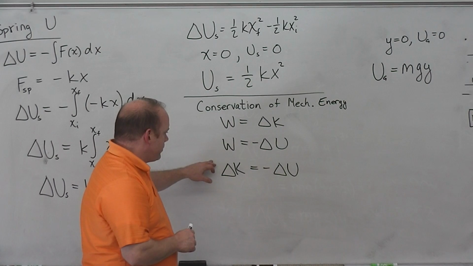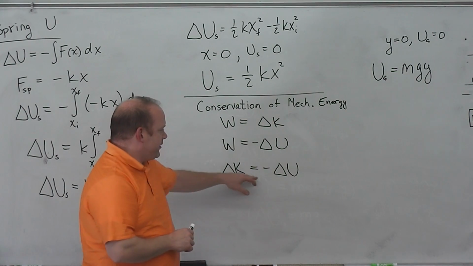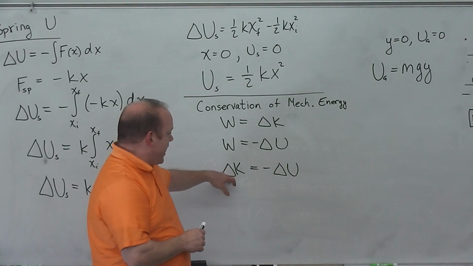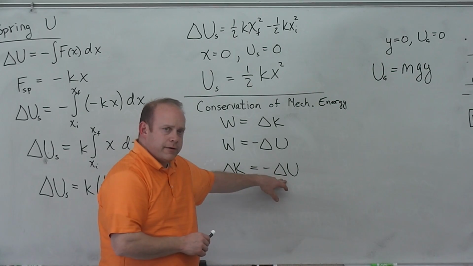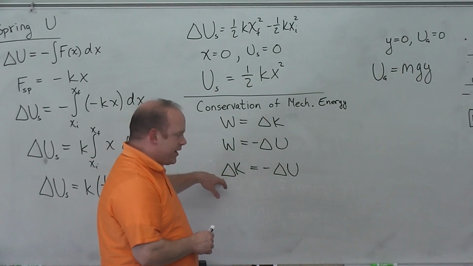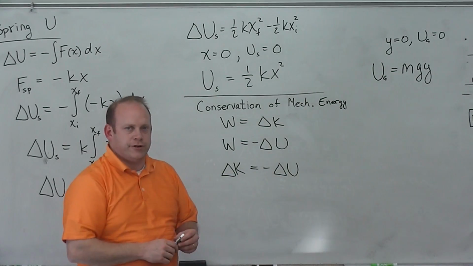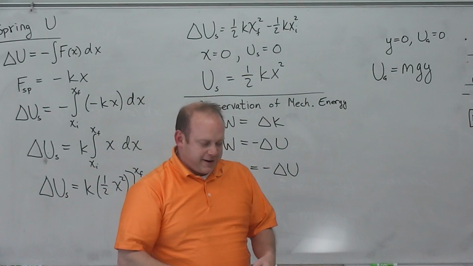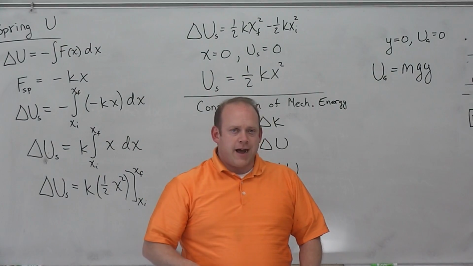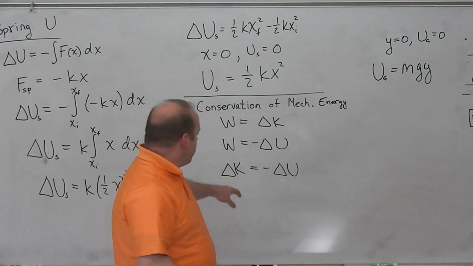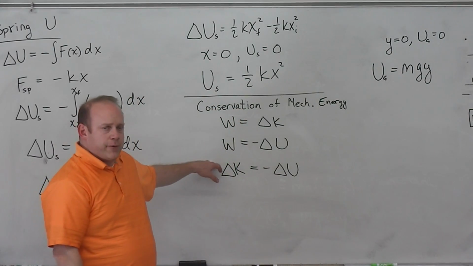Whatever energy I gain here, I lose here, and vice versa. If I lose it with kinetic energy, I gain it in potential energy. That's the simplest form of conservation of energy that you will find because it's only including conservative forces.